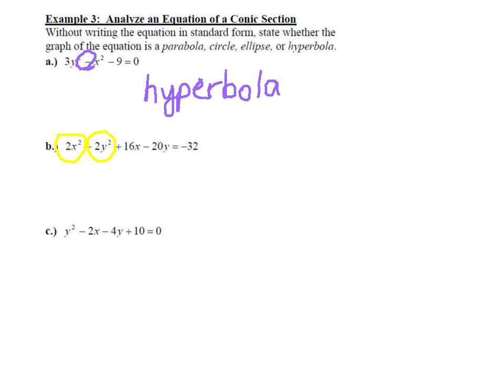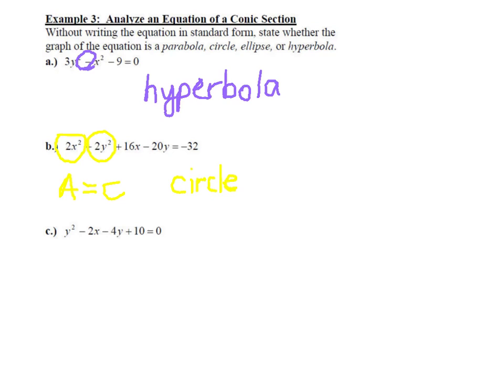Since your A is equal to C, that means you're going to end up with a circle. It can't be a parabola because you have both an x squared and a y squared. It can't be a hyperbola because there's no negative in front of either one of them, and it can't be an ellipse because your a is equal to c.